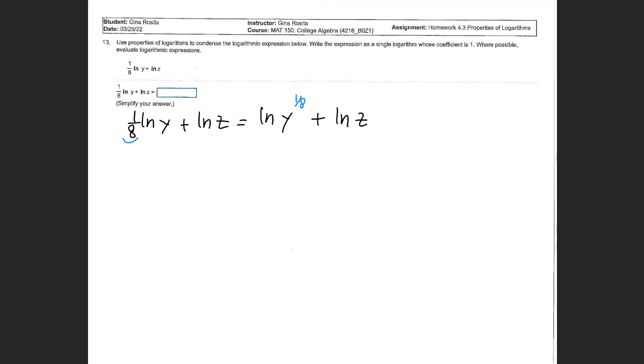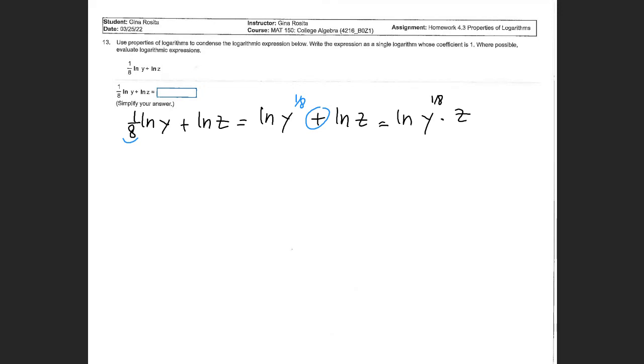Okay, so now plus, what do we need? Plus means product. So you can write natural log of y to the 1 over 8 times z.